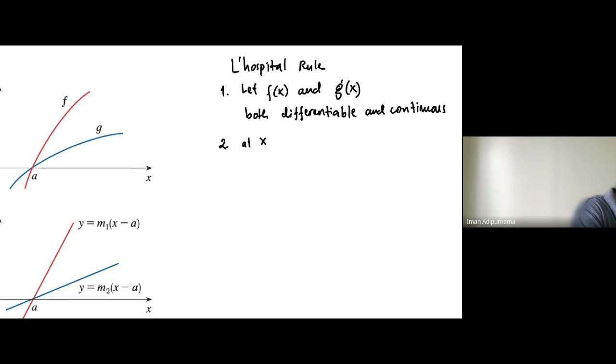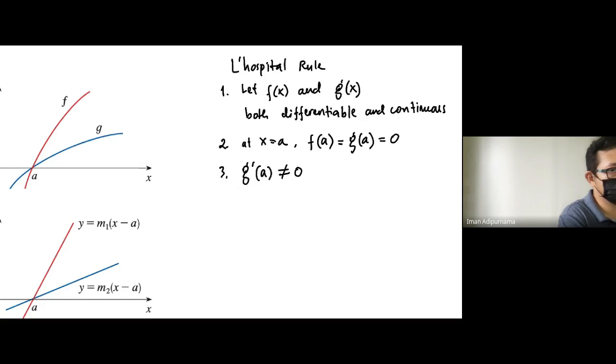Second, at x equal a, f of a is equal to g of a is equal to 0. And the third one, the first derivative of g should not be equal to 0.